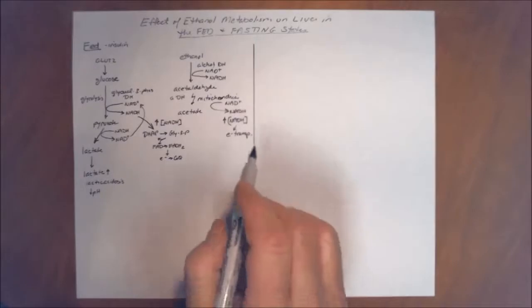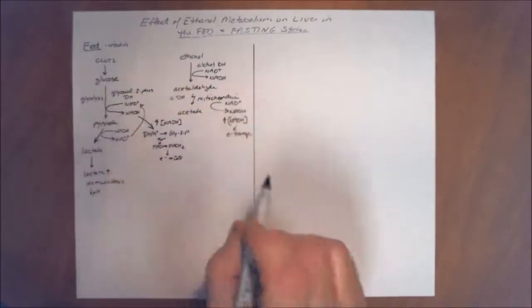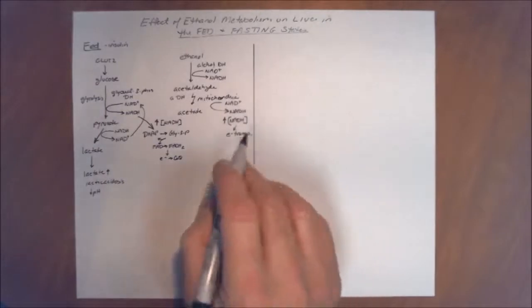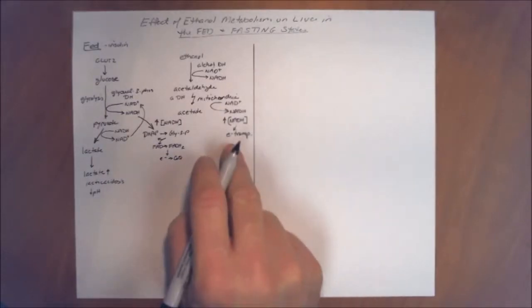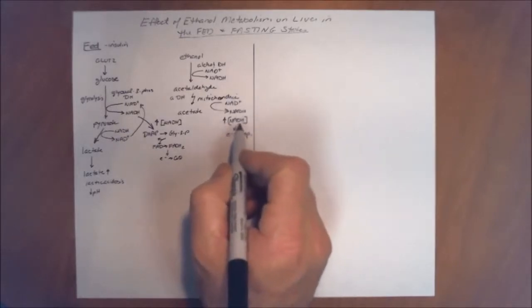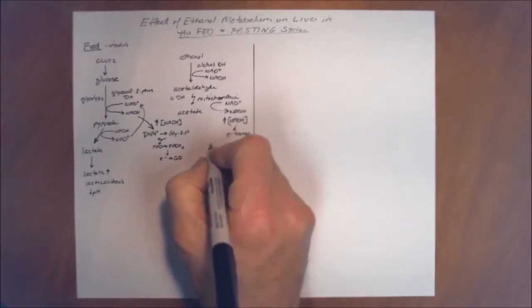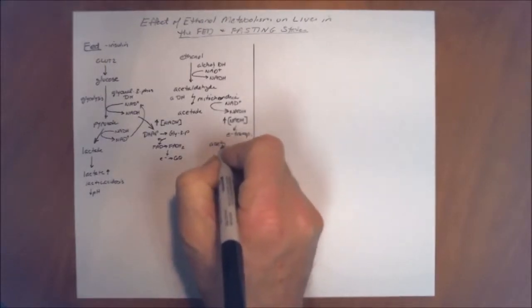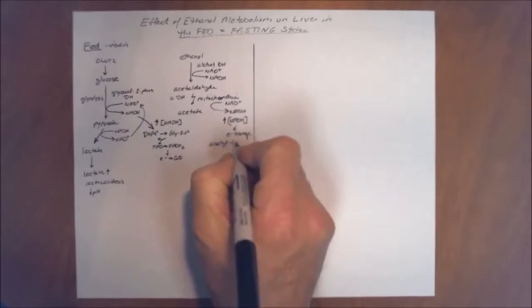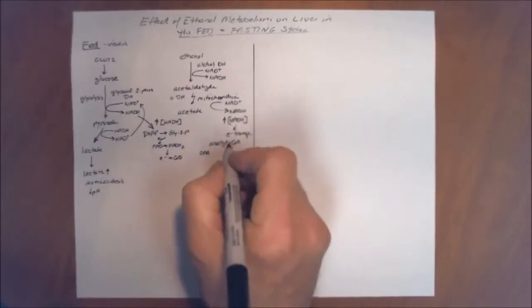Now the next problem with ethanol consumption and metabolism in a fed state in the liver is over in the mitochondrial matrix. We have substantial amounts of NADH in the mitochondrial matrix, and that is going to inhibit the dehydrogenase enzymes in the TCA cycle.